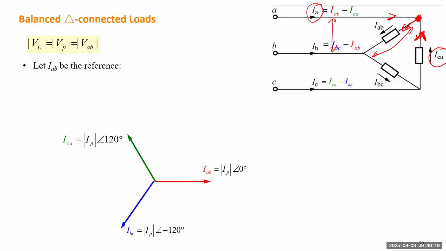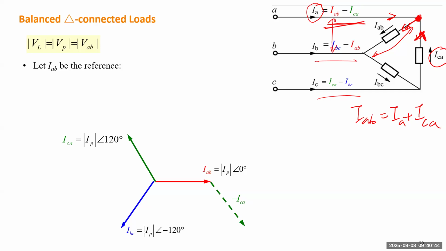So IAB will be equal to IA plus ICA. Then we will have this formula: IA will be IAB minus ICA. Based on the symmetry, we can get the other two formulas to calculate the line current from phase currents.